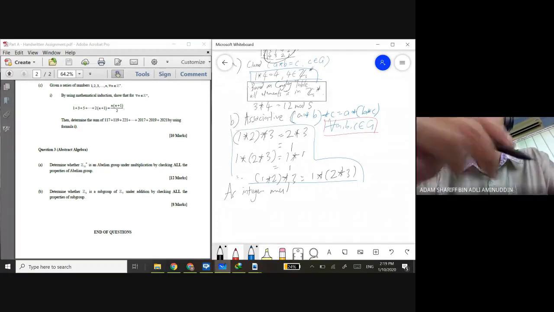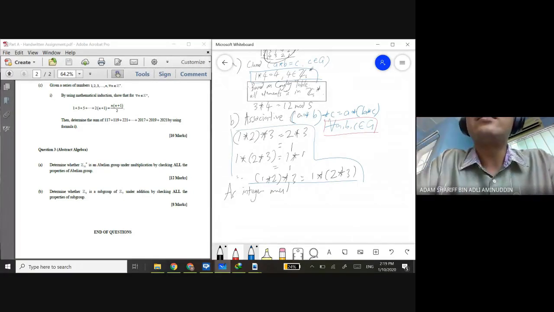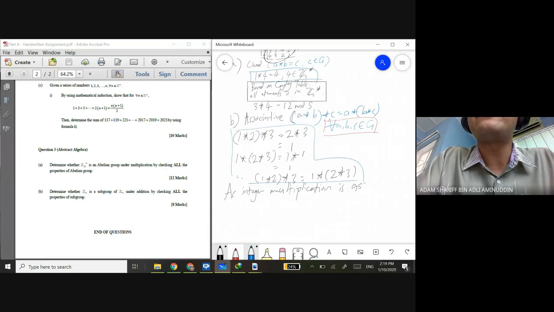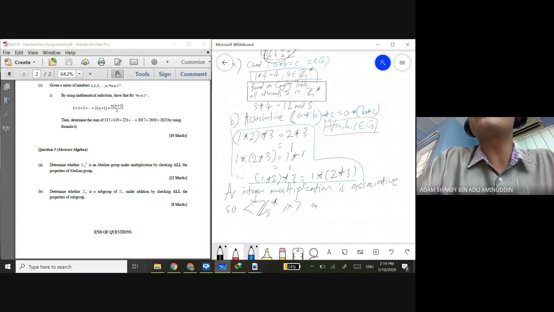This is Zn. Zn pun dia integer. So reasoning as integer multiplication is associative, you know that this is a fact. So Z5 star under multiplication also associative.